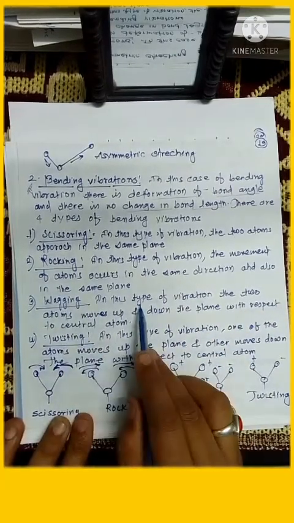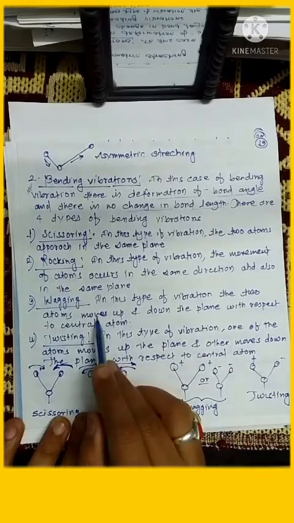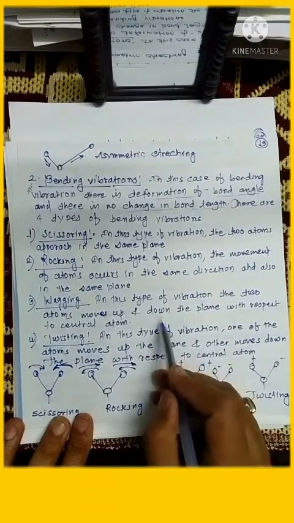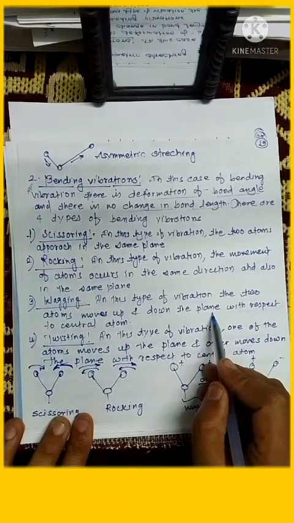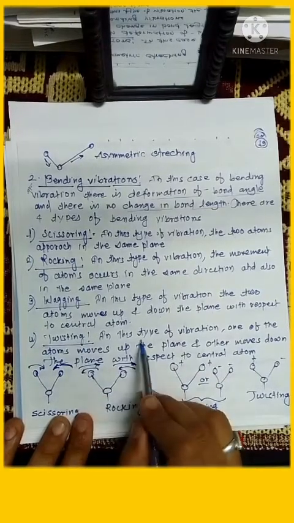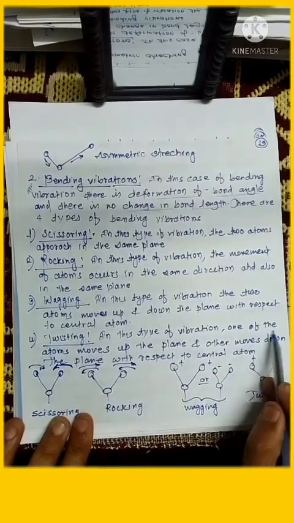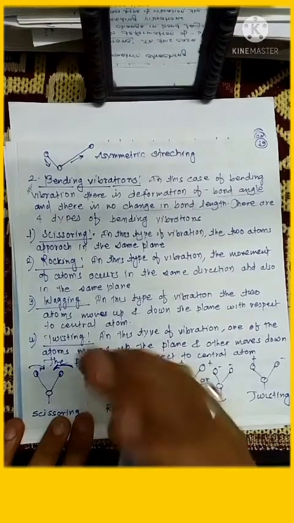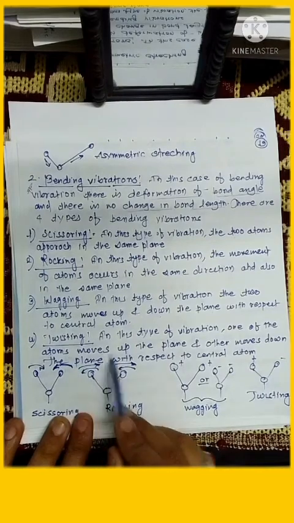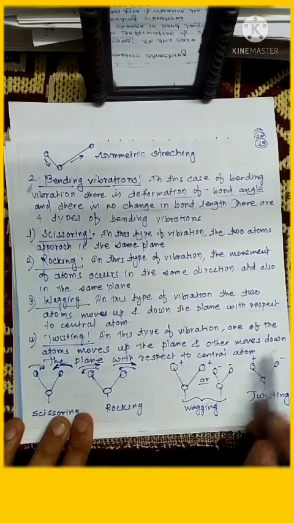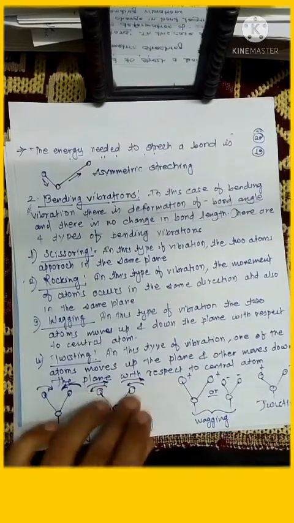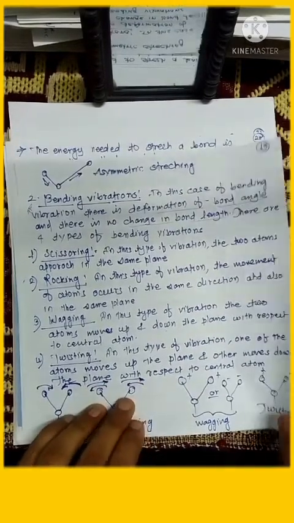In wagging, the two atoms move up and down the plane with respect to the central atom. In twisting, one of the atoms moves up the plane and the other moves down the plane with respect to the central atom.